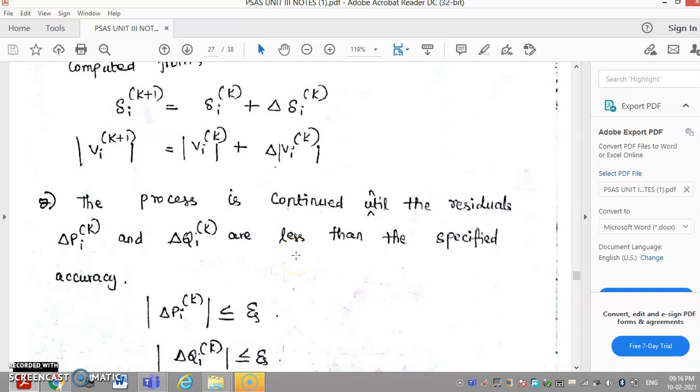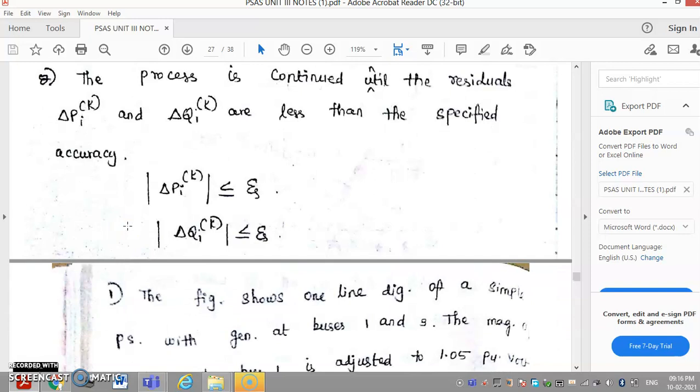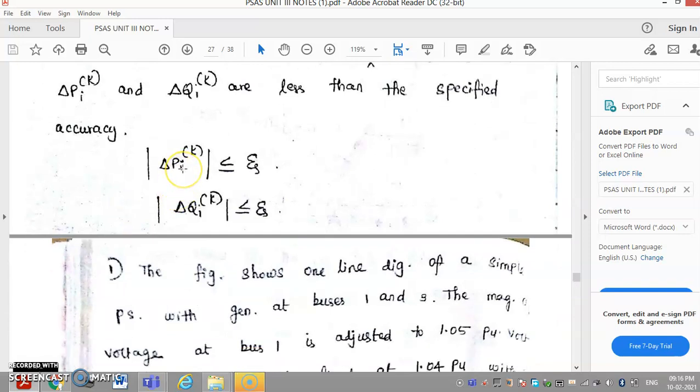The process is continued until the residuals del Pi power k and del Qi power k are less than the specified accuracy: modulus of del Pi power k is less than or equal to epsilon s, and similarly modulus of del Qi power k is also less than or equal to epsilon s.